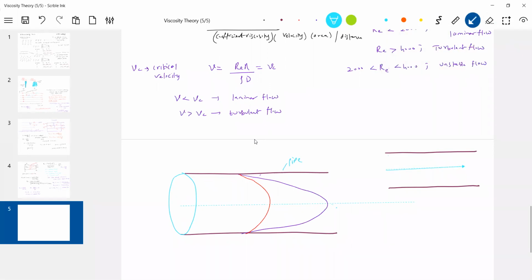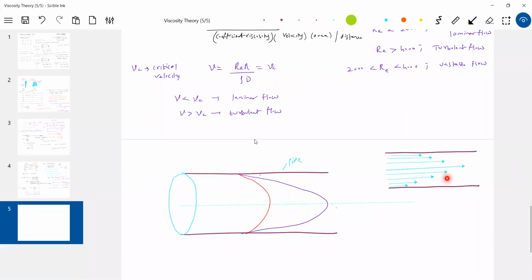This is called a velocity profile. Able to understand, no? The layer of liquid at the axis will have maximum velocity, and as you move, the velocity of the layers will keep on decreasing. The layer at the edge, what happens? It's a plane diagram, try to understand. The layer at the edge will be almost at rest. This was the velocity profile.